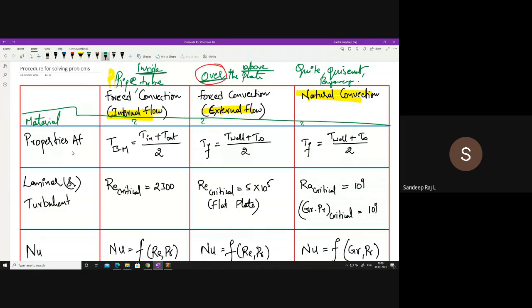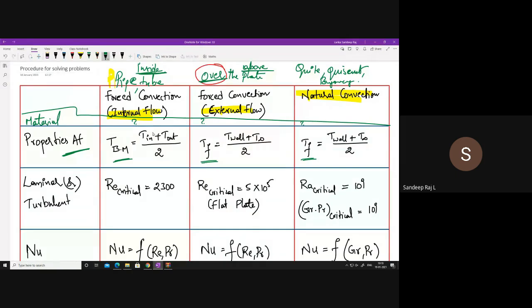After that, you have to check the temperature at which you will evaluate the properties. In forced convection, you take the bulk mean temperature for internal flow, and film temperature for external flow. For natural convection, film temperature. What is the difference between the bulk temperature and film temperature?